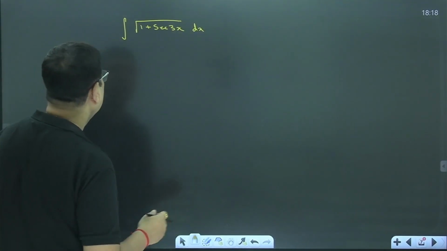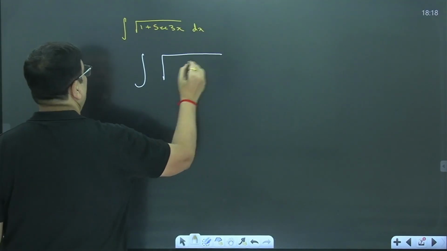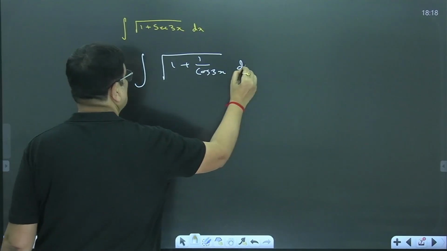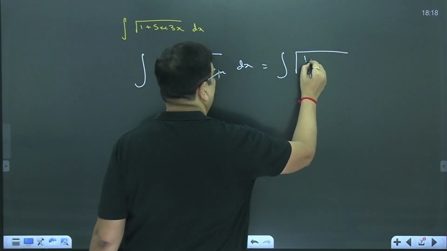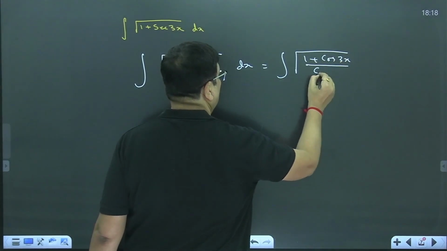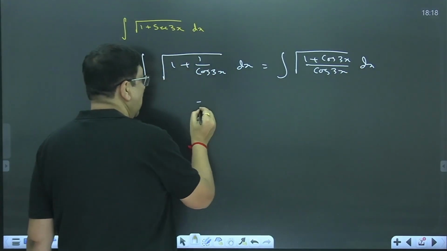So the integral of root over 1 plus sec 3x dx is one similar type of sum. This is the same thing, 1 plus 1 by cos 3x dx. So I can write here root over 1 plus cos 3x by cos 3x, right? Same question, same type.